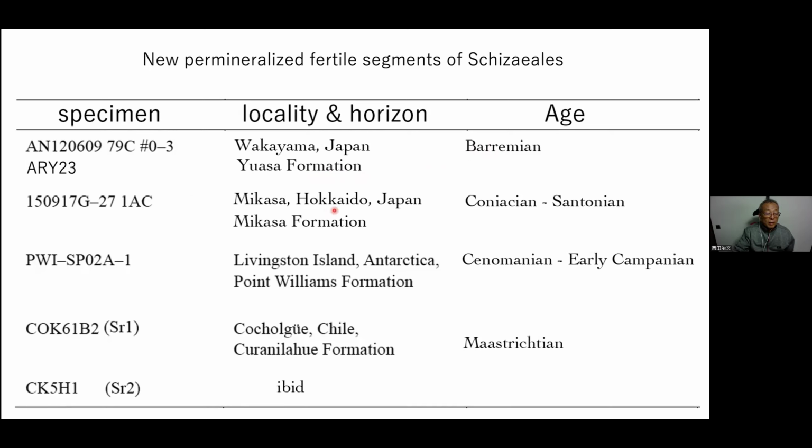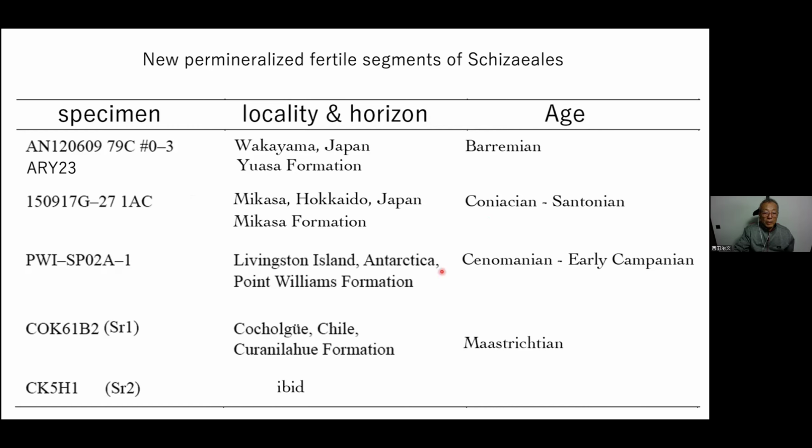And another specimen is from Hokkaido, Japan. Hokkaido is very well known since the first work by Marie Stopes and Fujii in 1910. And since then, there are many reports about the plants preserved in the calcareous concretions. And the new specimen is in one of these concretions from the Mikasa Formation, and the age is Coniacian to Santonian.